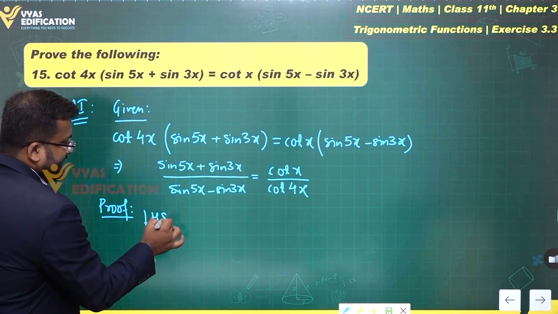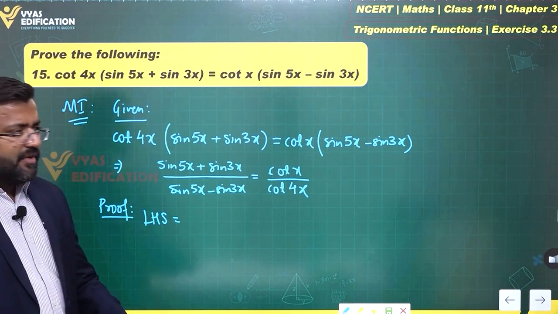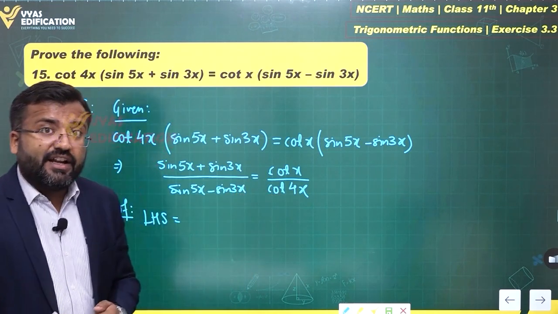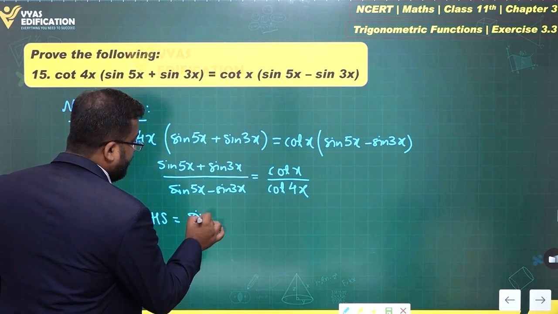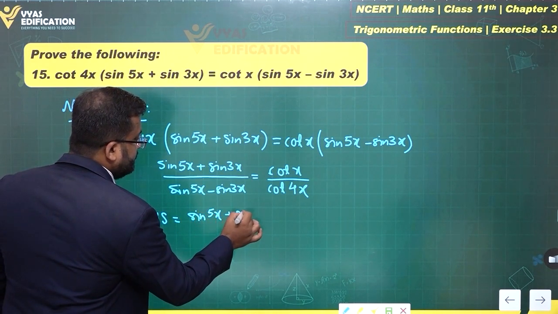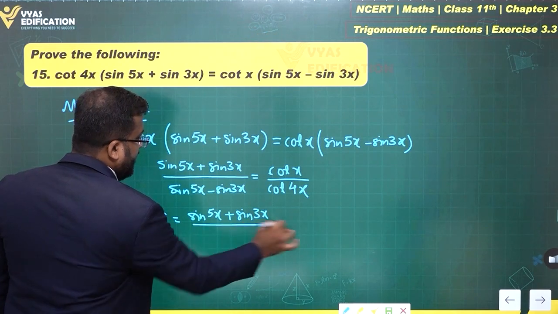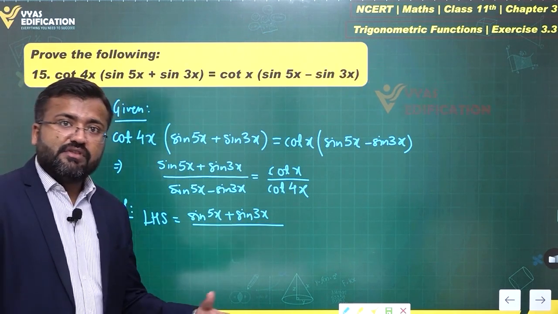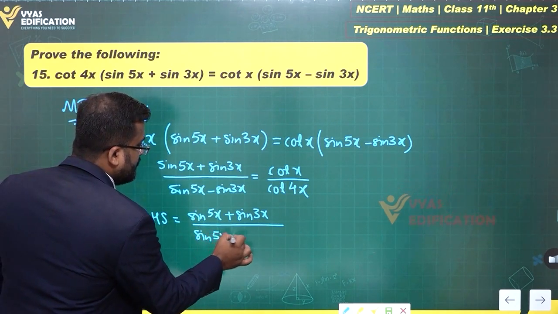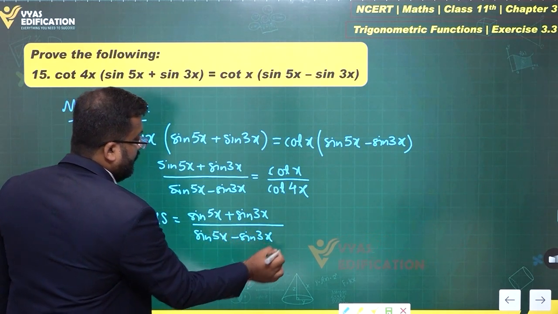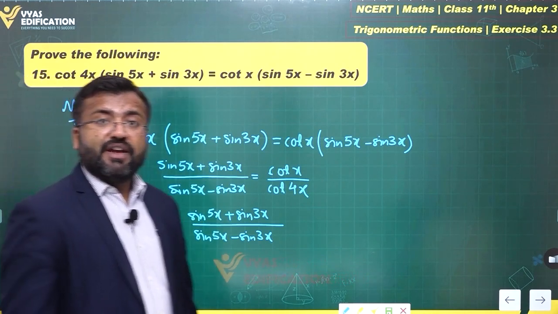Now the LHS at this stage is complicated, whereas the RHS is simplified, right? So this becomes a general proof, regular thing, and we can handle this. This is sin 5x plus sin 3x in the numerator, and in the denominator you have sin 5x minus sin 3x. How do we simplify this?